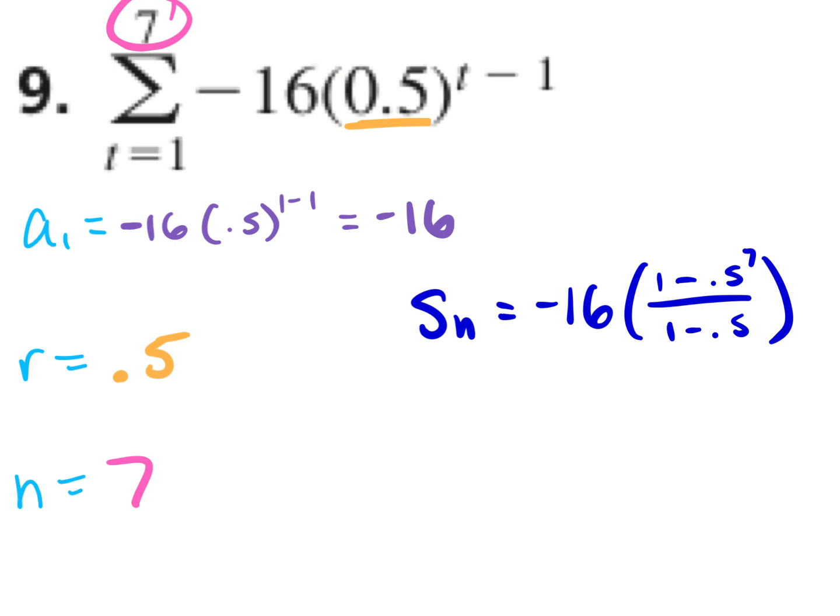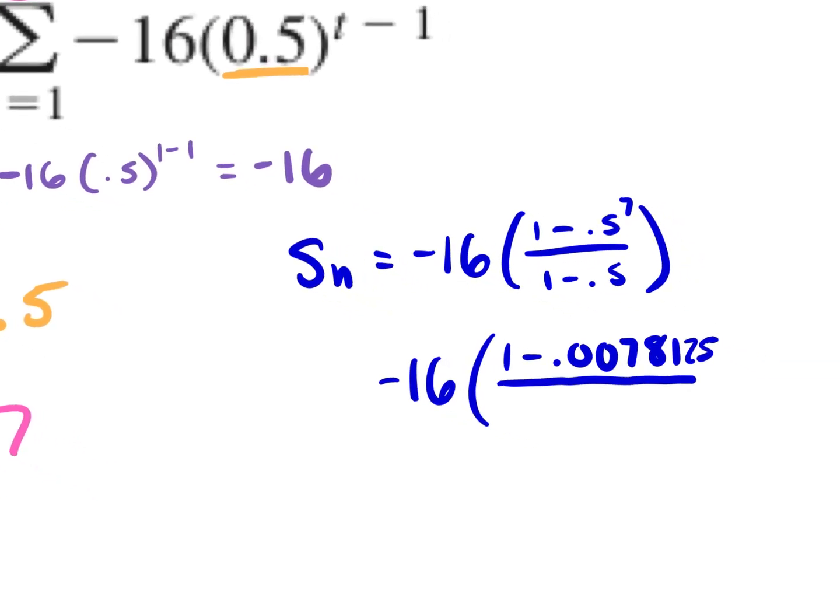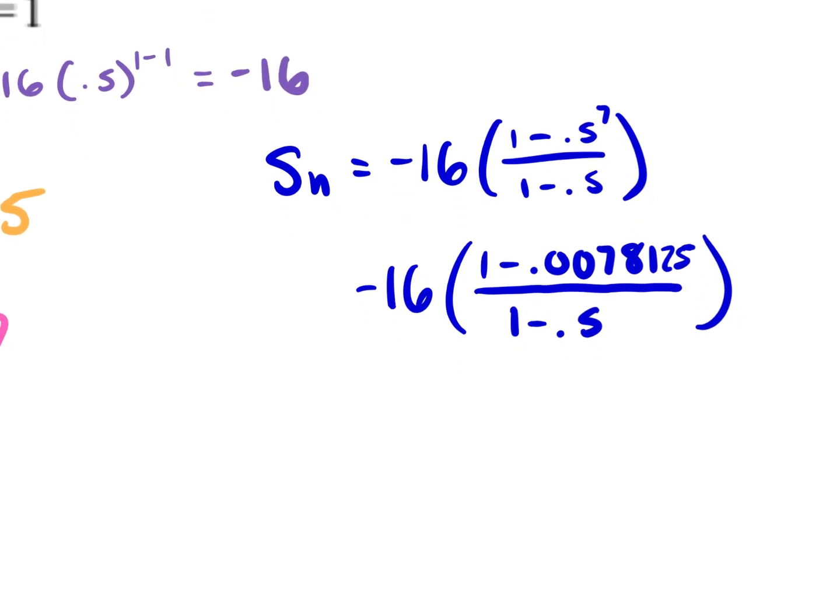So 0.5 to the power of 7 is going to be 0.007812. Keep it in your calculator so you can get a number that's as exact as possible. So I'm going to do 1 minus 0.007812.